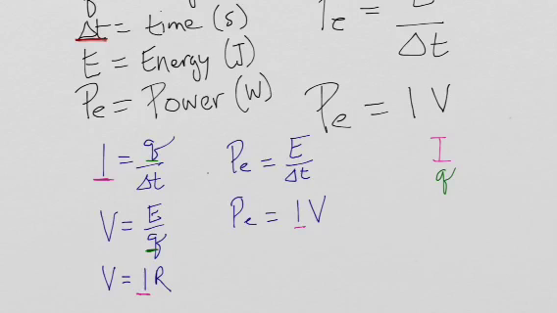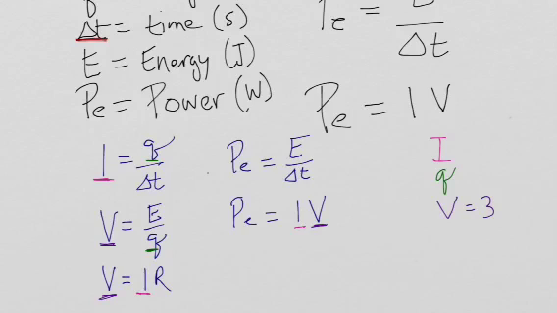V equals E over Q, and V equals I times R. And what's the last one? PE equals IV. So that's a total of 3 equations.